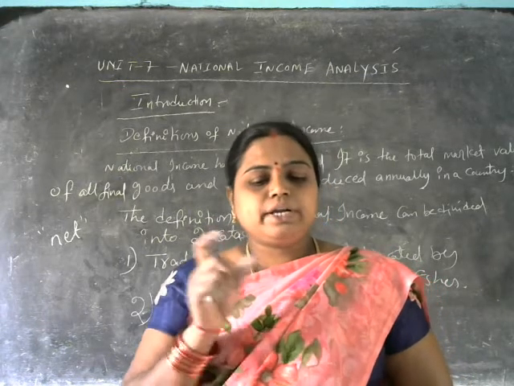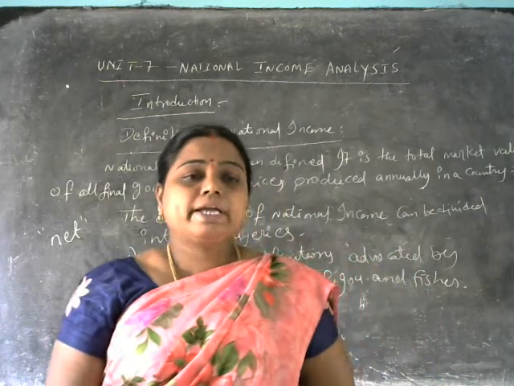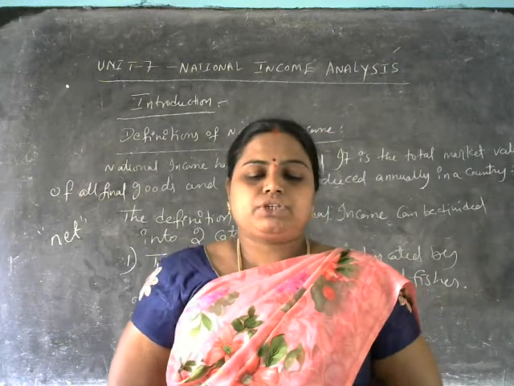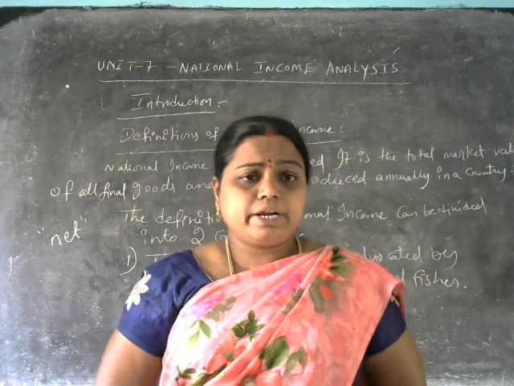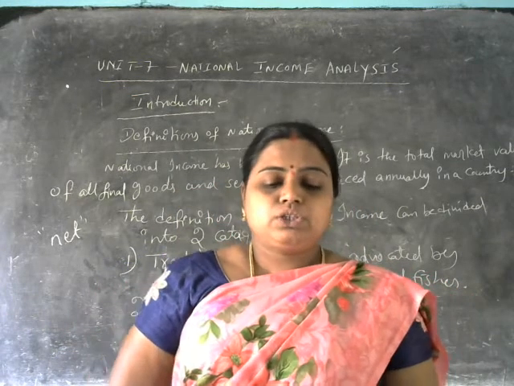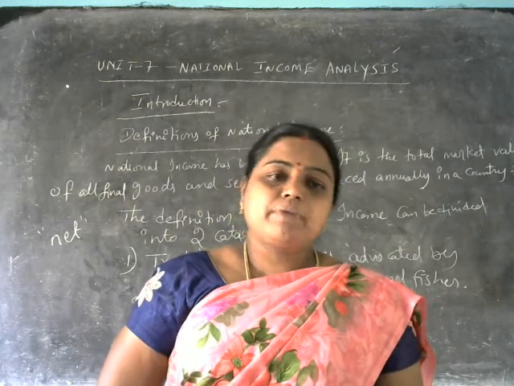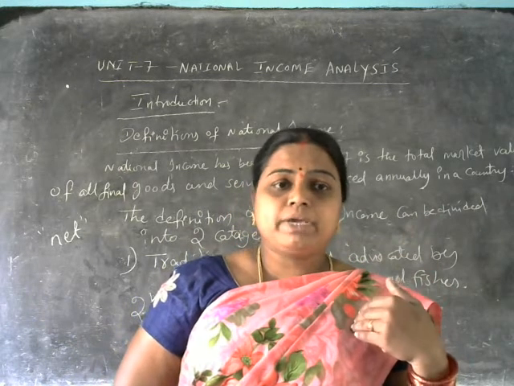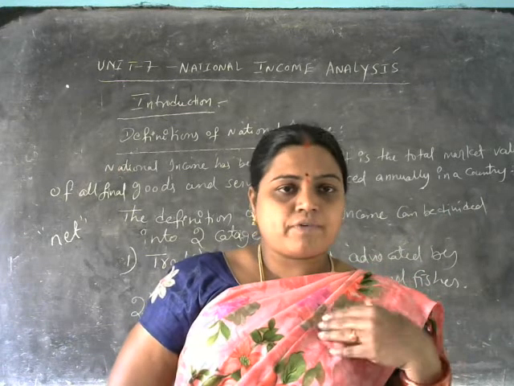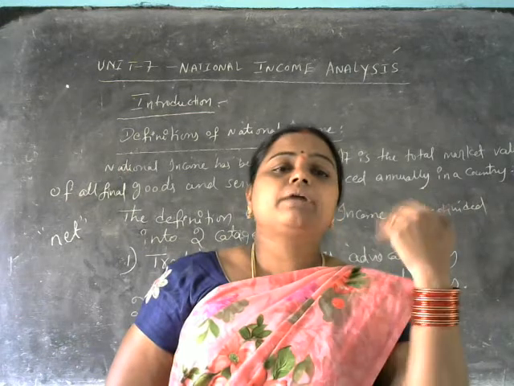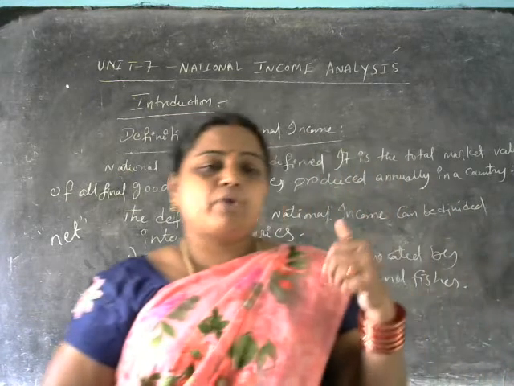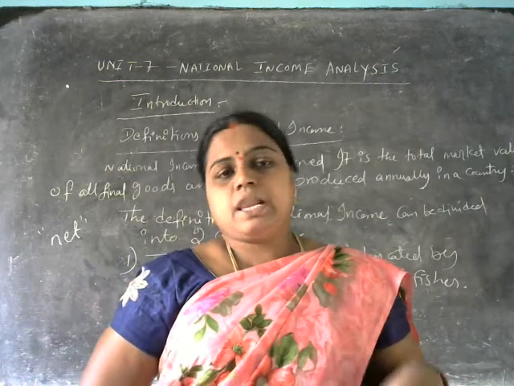Net means deduction of depreciation from the gross national income, and to this income from abroad must be added. The persons who get income from abroad countries, that income is also going to be added here. That's what we call income from abroad, added to our national income.